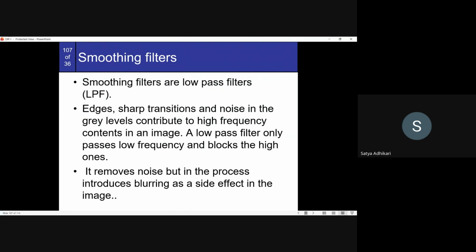After filtering, you will not get any pixel having high frequency data. So it removes noise, but in the process introduces blurring as a side effect, a demerit of the smoothing filter.